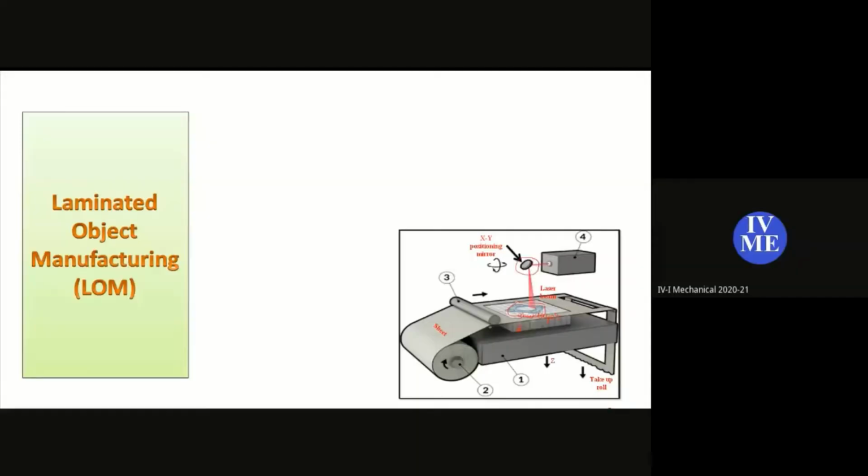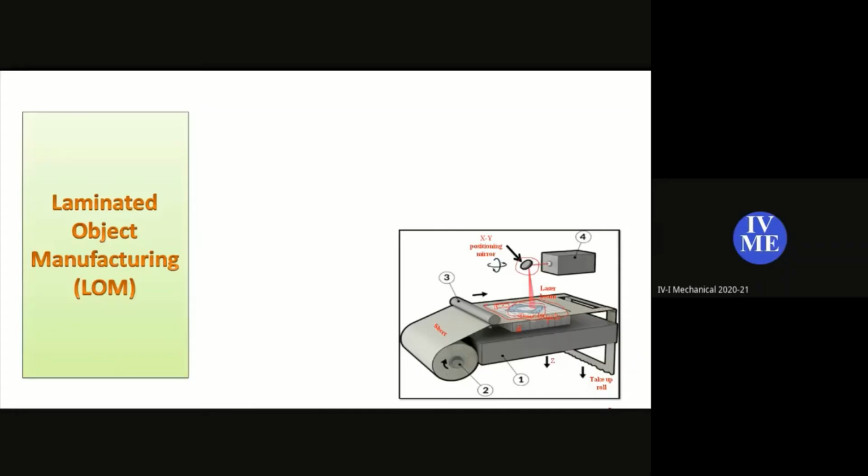This is the perimeter, the outer line of the image, and this rectangle box is the outline of the sheet. The small boxes are known as crosshatches. What is the use of the crosshatches? To support the material.